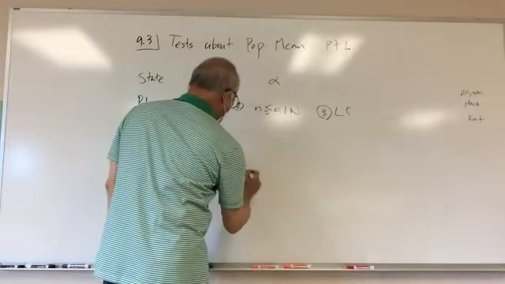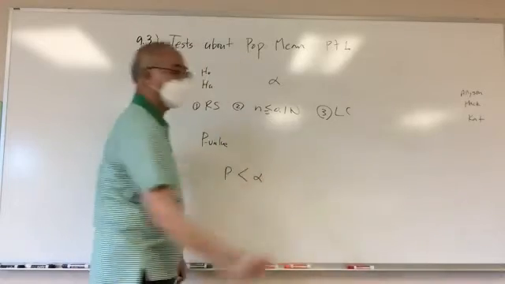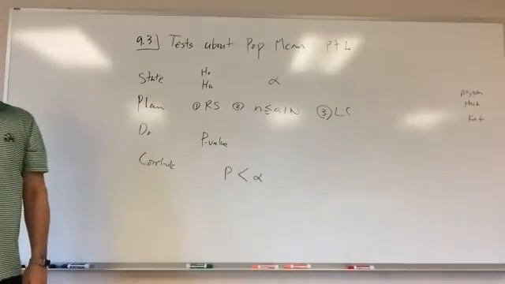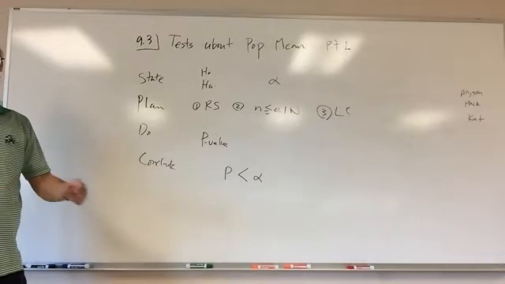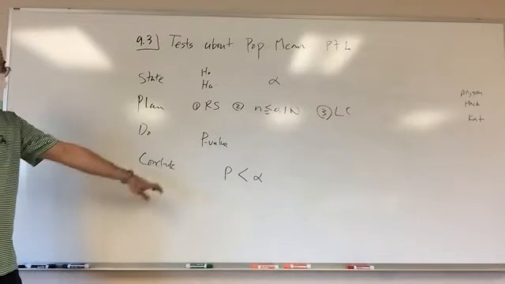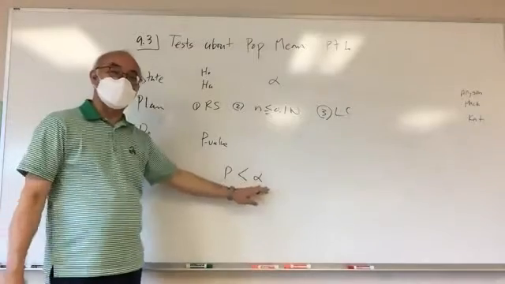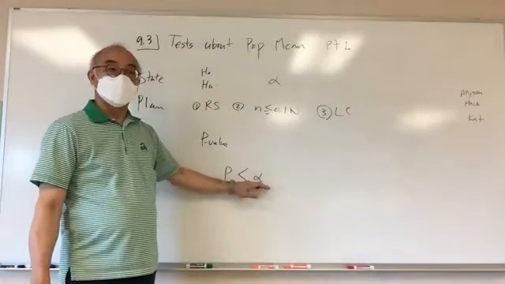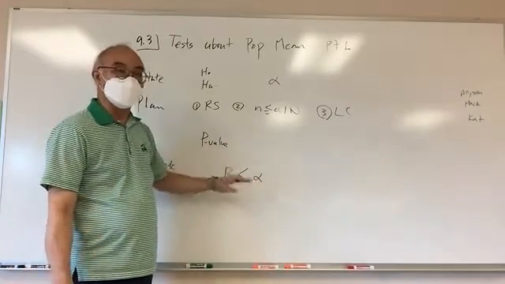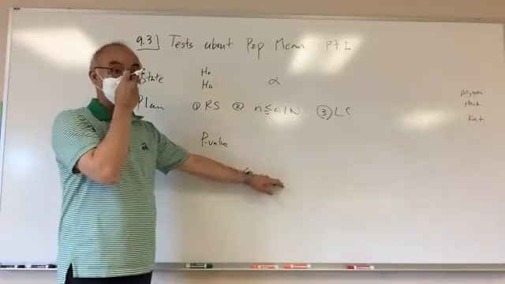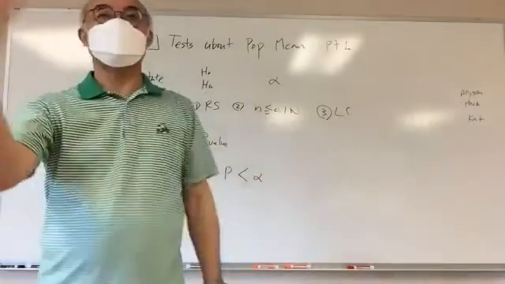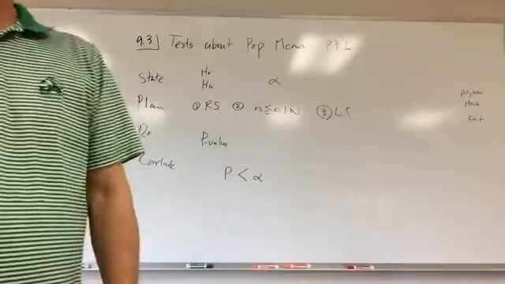If the p-value is less than alpha, what happens? This is a good thing for us, which means that we're going to reject the H0, and we're going to have convincing evidence for the Ha.